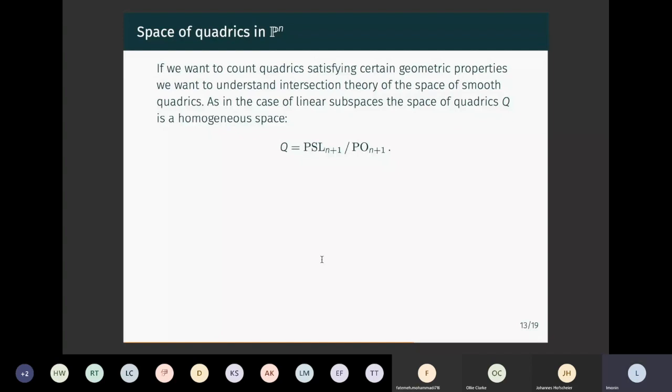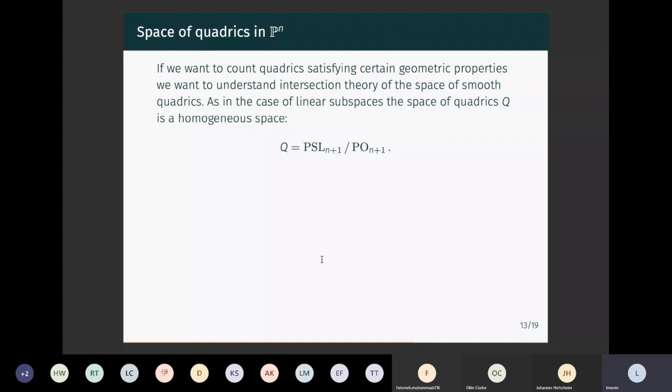Assume we have a space of smooth quadrics in Pn, and we want to find the number of quadrics which satisfy certain geometric conditions. For example, the number of quadrics which pass through some number of points and are tangent to some number of fixed hyperplanes, and so on.